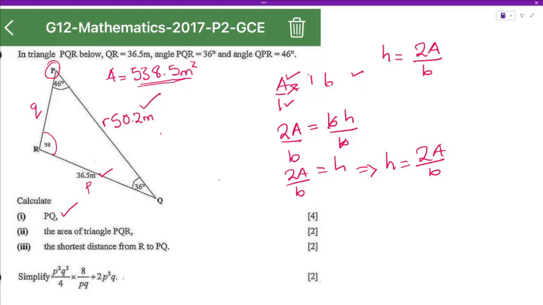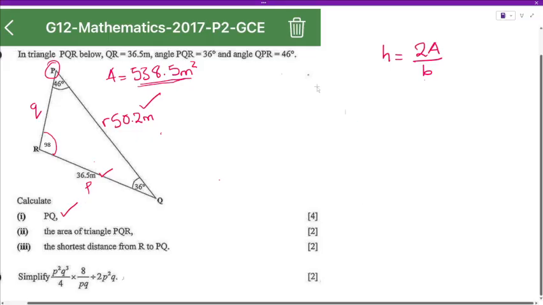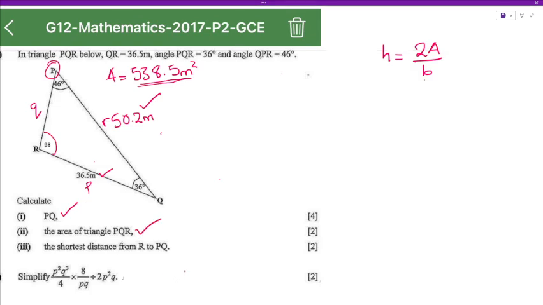Remember, right from the start, I said sides are named using small letters. So whenever you see a small letter in your formula, just know that this is a side. When you see a capital letter, just know that that's an angle, except for this one, A here is representing the area. So the area they will ask you to find in the previous question, which was this one in our case, is the same one you're going to use in this formula.